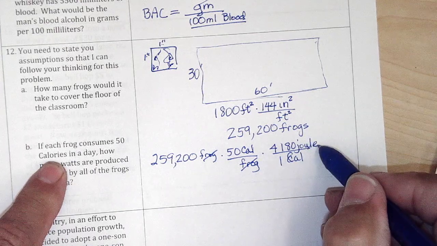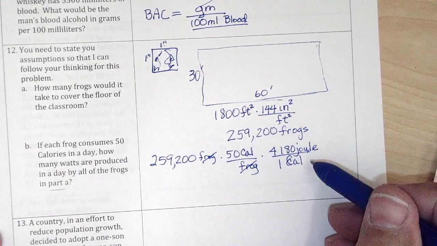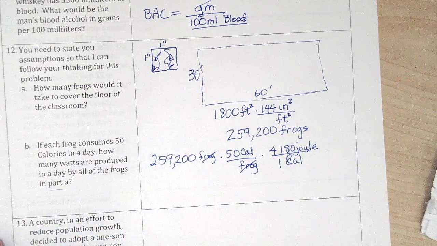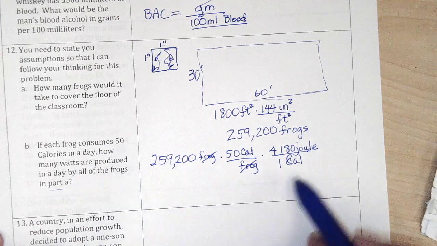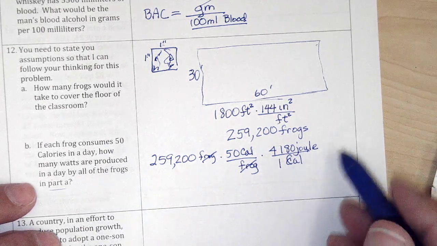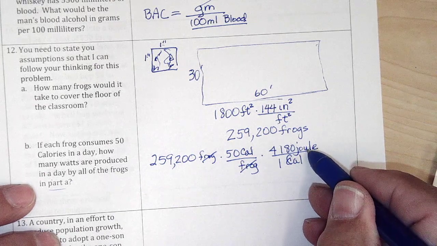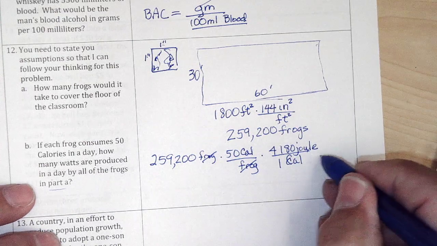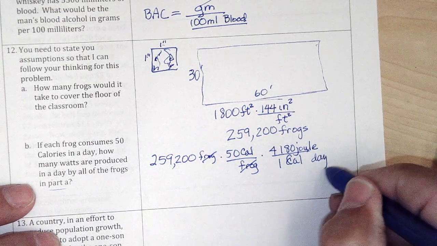And so now we'd have joules in a day, and so we have to have this per day. We need to know how many joules, and so that's going to do this much in one day. So this is a day.